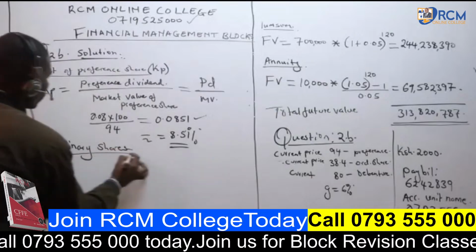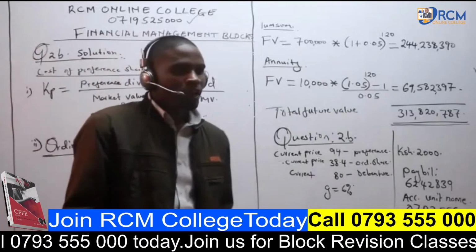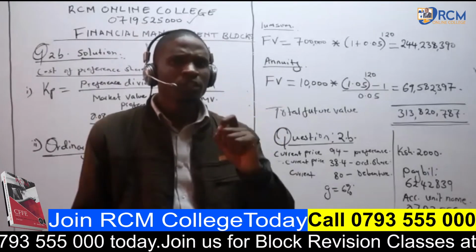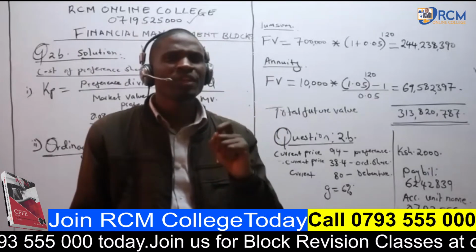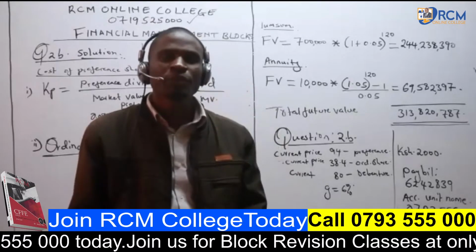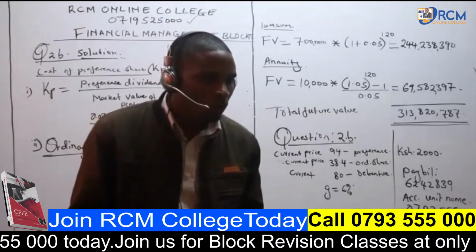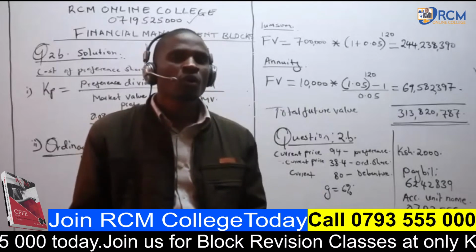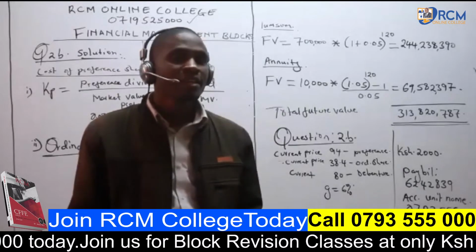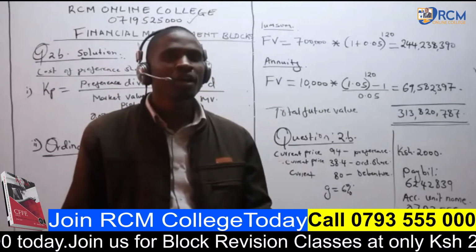All right, ordinary share. I want to remind you that when you are told to compute the weighted average cost of capital, there are things that we ignore. What do we ignore? The retained earnings and reserves.